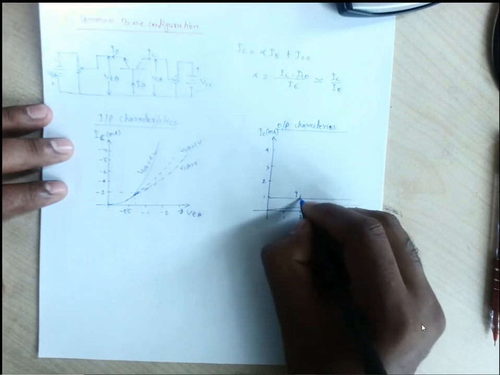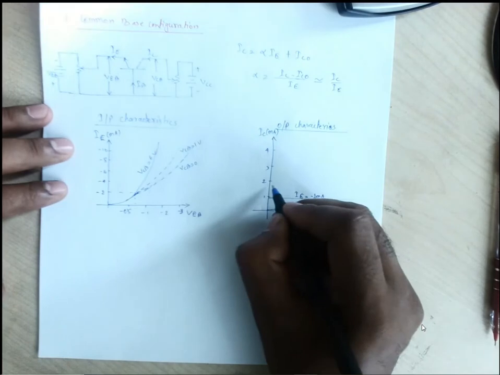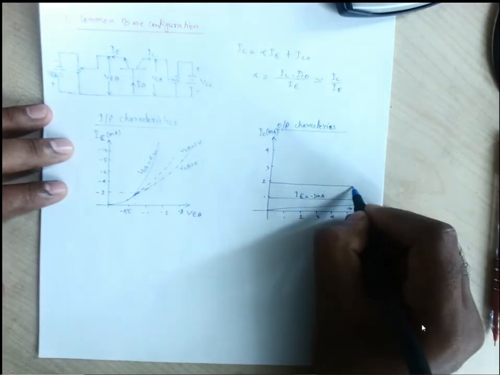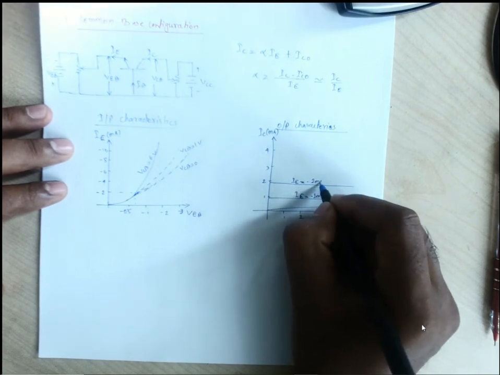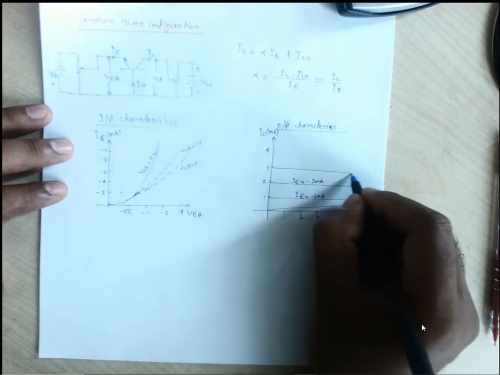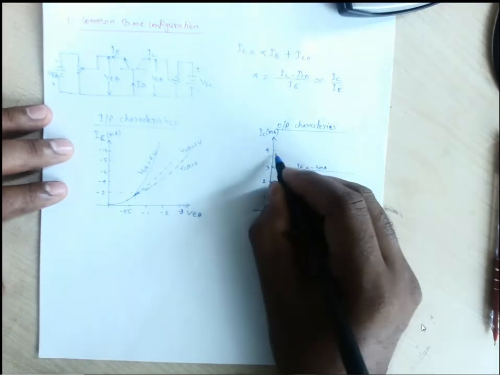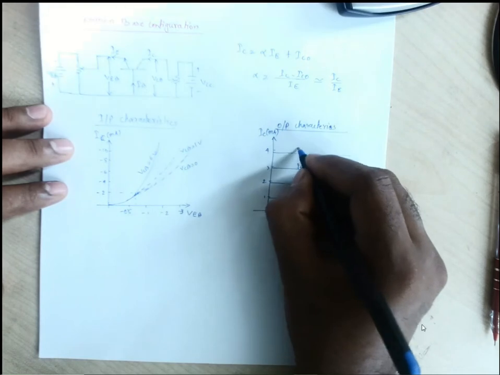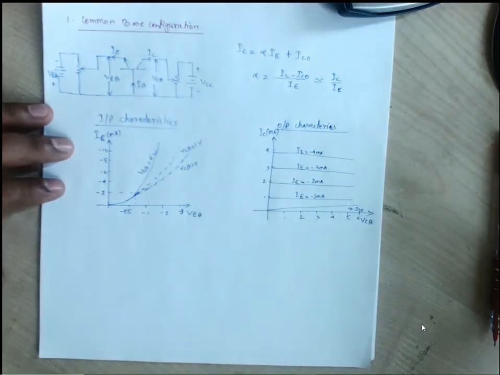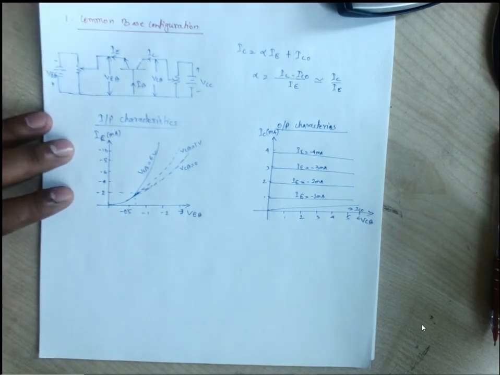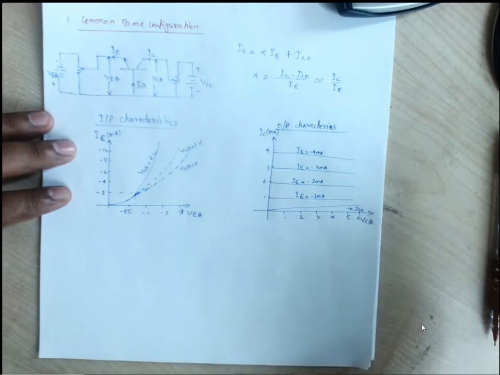Same for 2, it will be less than 2. It will be less than 3. It will be less than 4. Like this. Okay. So with the increase in VCB, it will somewhat increase.